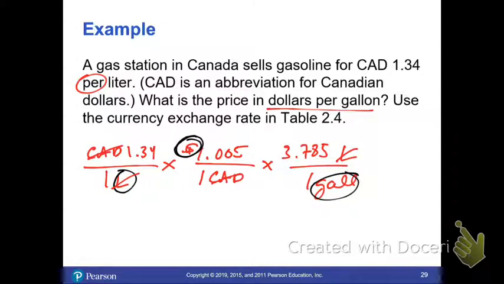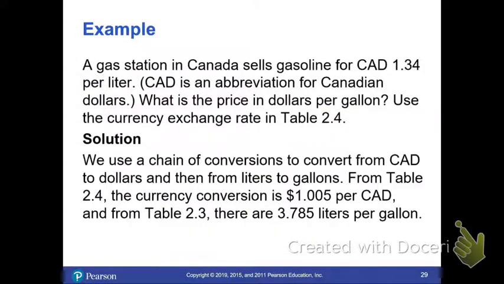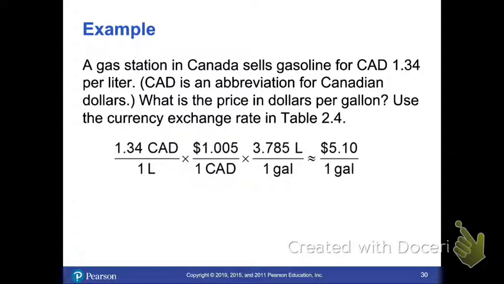When I multiply through, I get $5.10 per 1 gallon, and this is the solution to this problem. So again, you can read through this solution, and you should get the same answer.